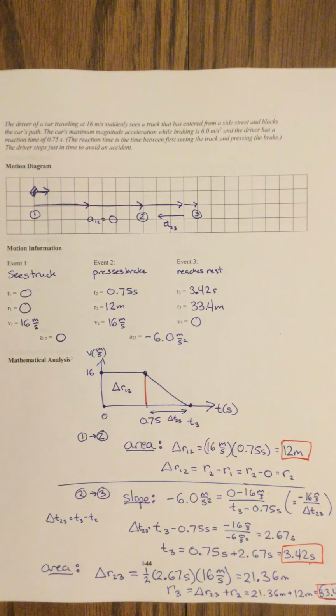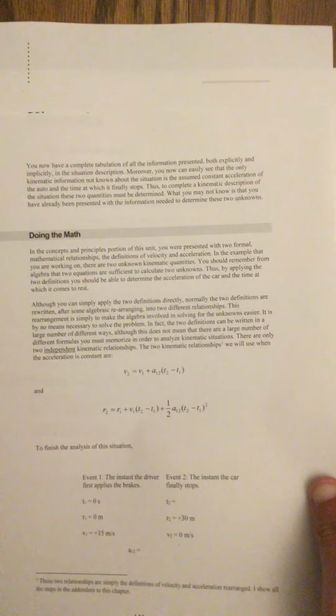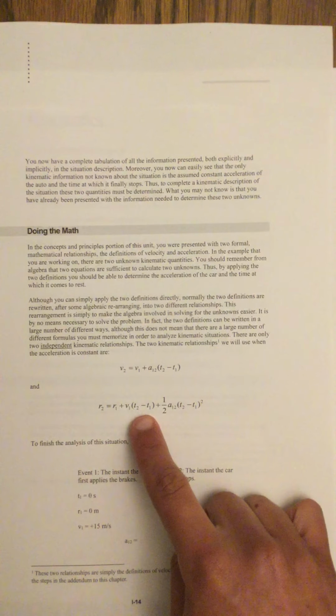And then they have one equation for the velocity here, but that's really just the average velocity. And for the change in position, on page 14, they give you another equation here. So here are your two equations.